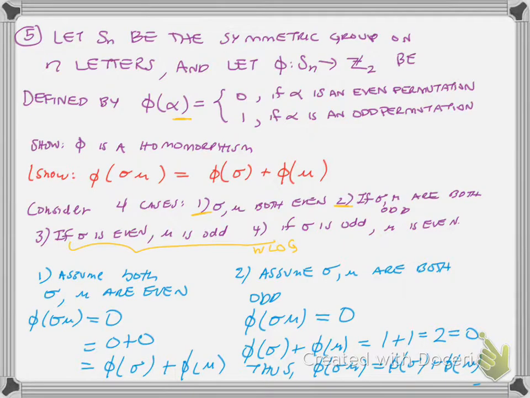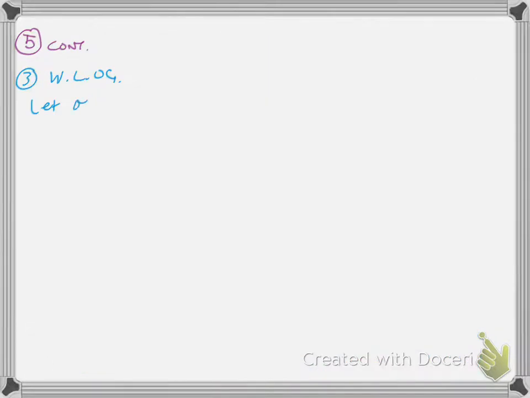And then let's look at case 3. Without loss of generality, we won't have to look at case 4. Which one was case 3? Let sigma be even, which we already know means an even permutation, and let mu be odd.